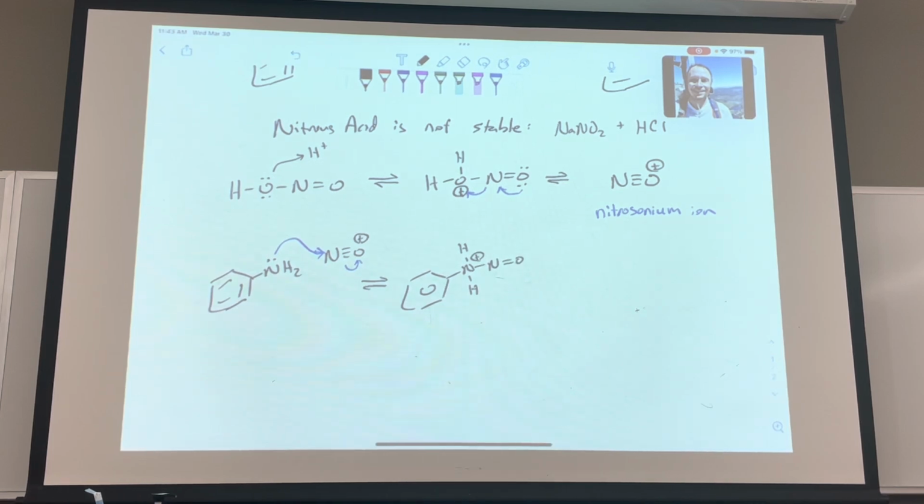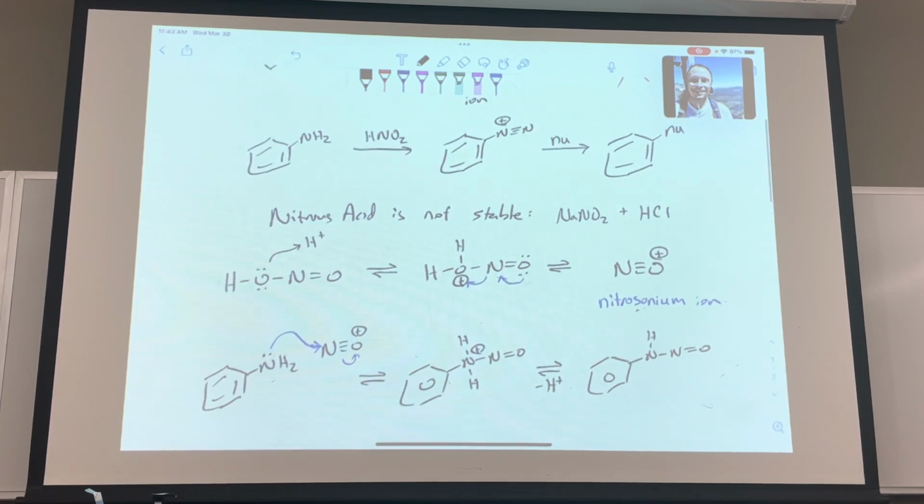So we end up with something like that initially. And I'm just going to do a minus H plus step to get things back to neutral. Okay, so if you look at where we are currently and where we need to get, right, this is where we are, and this is where we need to get.